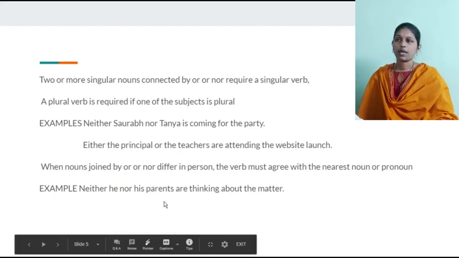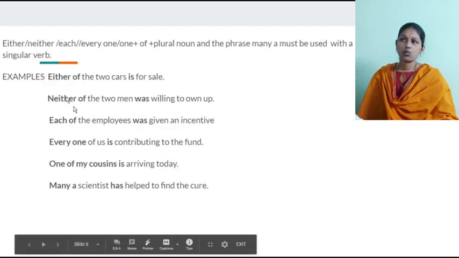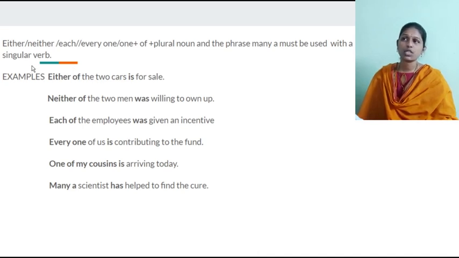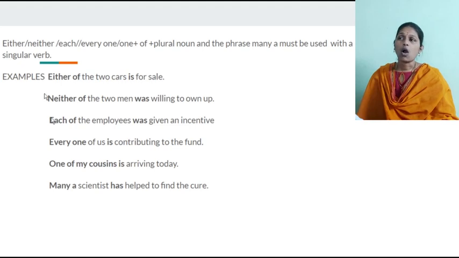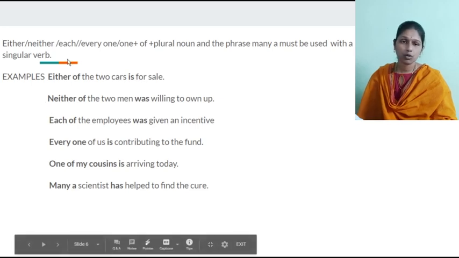And now, either, neither, each, every, one of, plural noun, and the phrase many a must be used with a singular verb. So neither of, either of, one of, every one of, each one of, all these take a singular verb only.